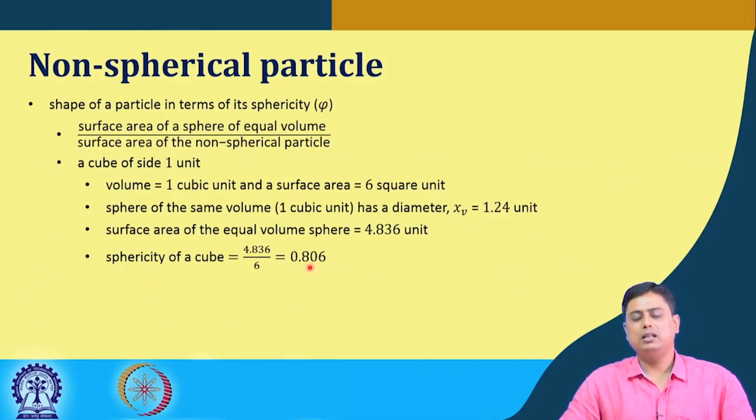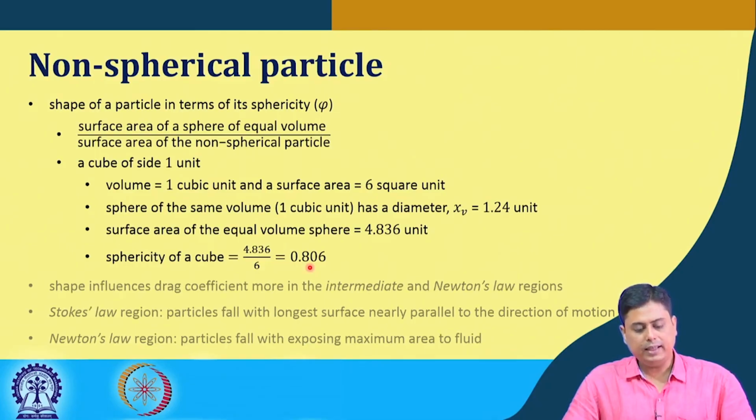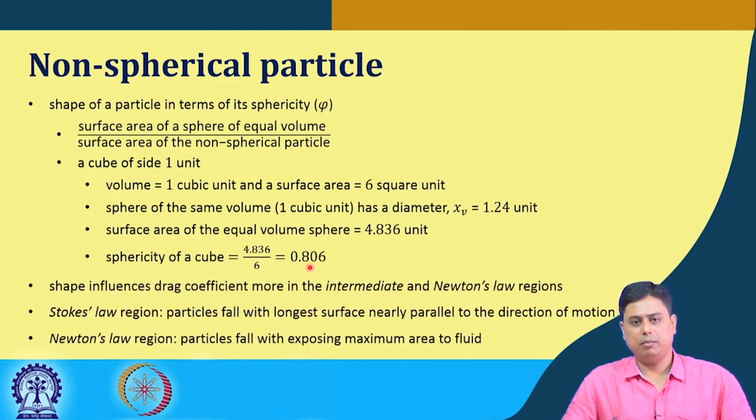Similarly, for any irregular or regular shaped particle other than a sphere, we can find a sphericity value. This sphericity is a measure of how non-spherical the object is. So, it is a determining characteristic of the particle shape. And then comes the equivalent diameter.